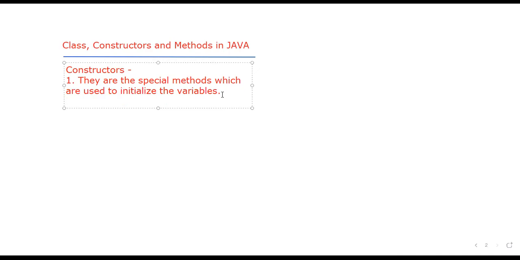Now we will learn each and everything about constructors. There are certain properties of constructors, and I'm writing them here. First of all, they are special methods which are used to initialize the variables. Second thing is a class can have multiple constructors. Is multiple clear to you?